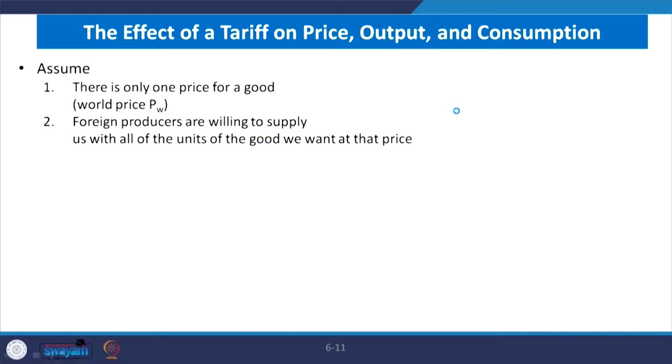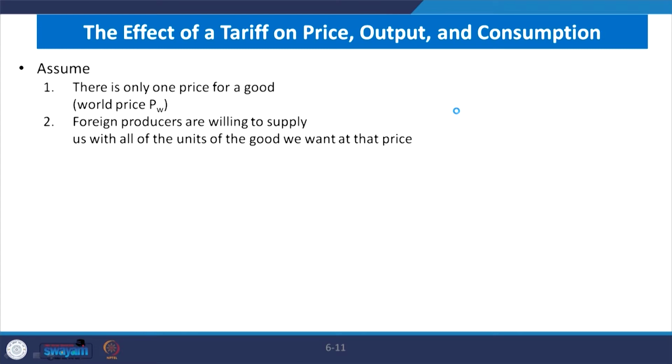Now, what are the effects of a tariff on price, output and consumption? Let us make certain assumptions to evaluate it, otherwise it is meaningless to talk about the impacts. The first assumption is that there is only one price for a good, and then only we can talk about the imposition of tariff by a country and its impact on world prices. But if the price is different, then tariff probably cannot be evaluated.